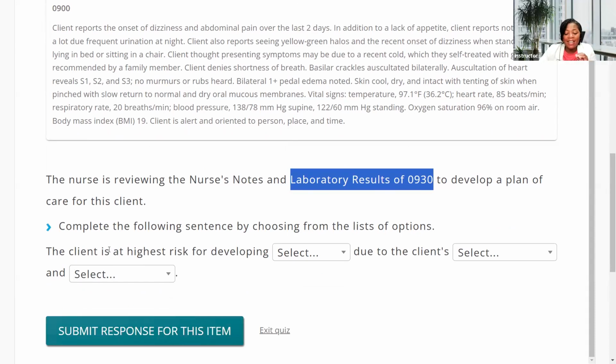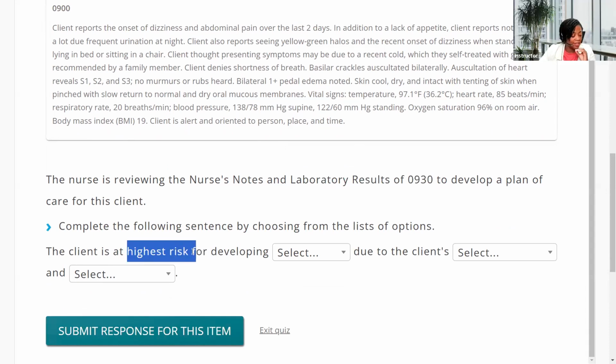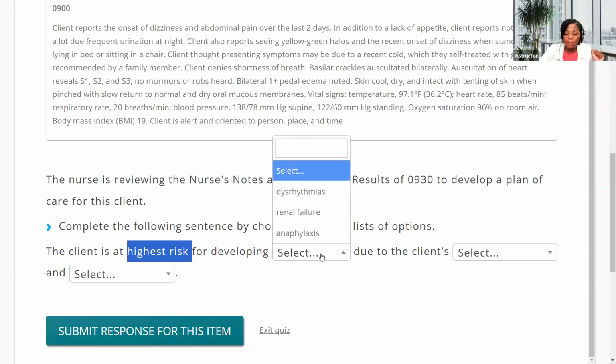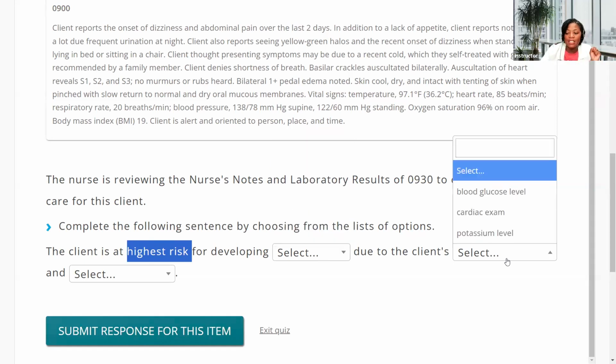It says the client is at highest risk. Okay. We have to prioritize. What is she at highest risk for developing right now? Is it dysrhythmias? Is it renal failure? Is it anaphylaxis?